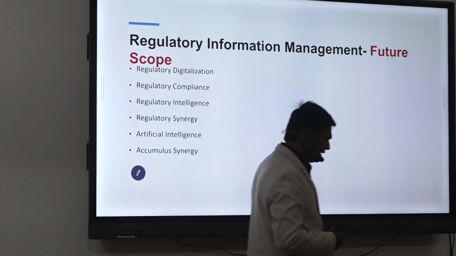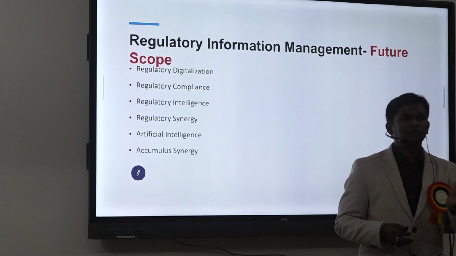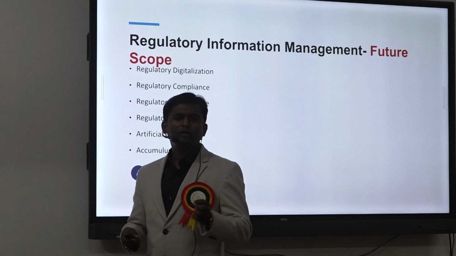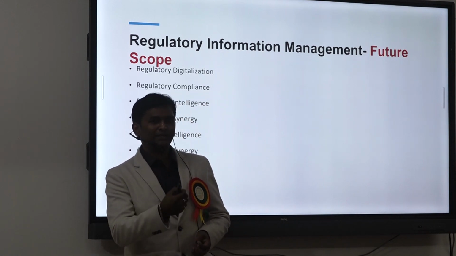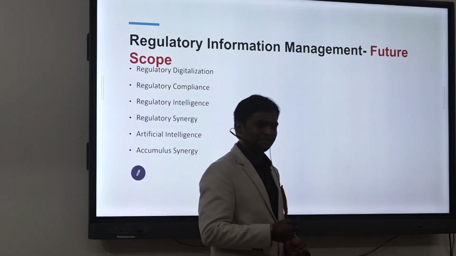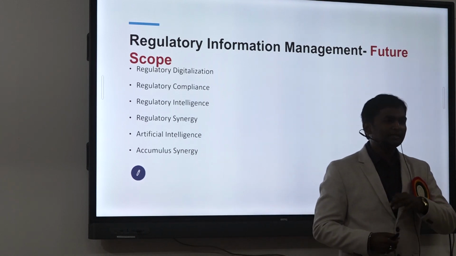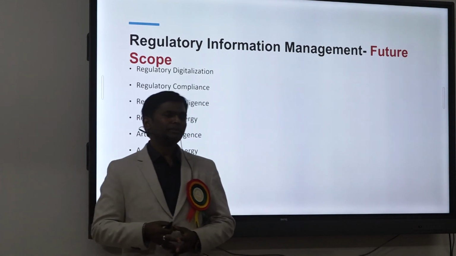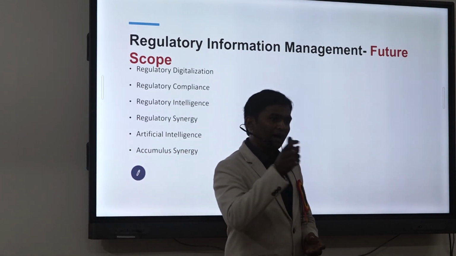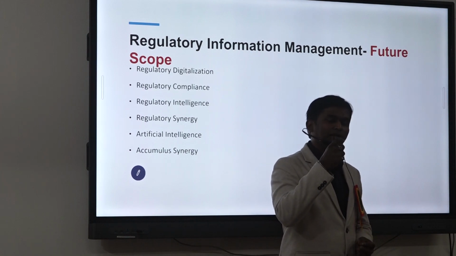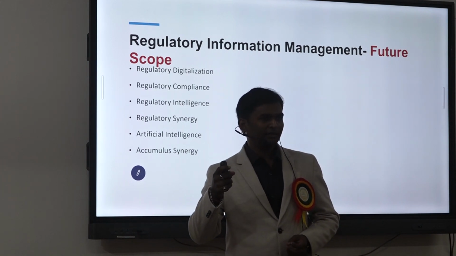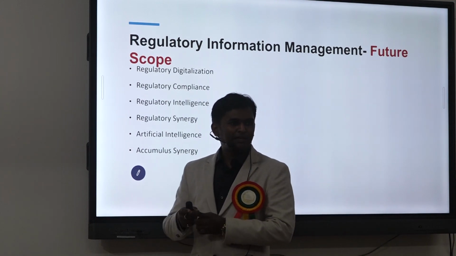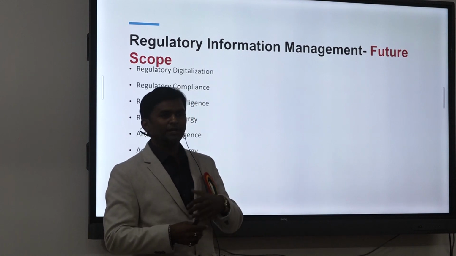Some day, if any company or health authority identifies that, not because of paracetamol but because of an excipient added in that formulation, an adverse event or adverse reaction happened to a consumer, your regulatory intelligence system will give you a pop-up that because of this ingredient in XYZ country, one person has died or some adverse event happened.